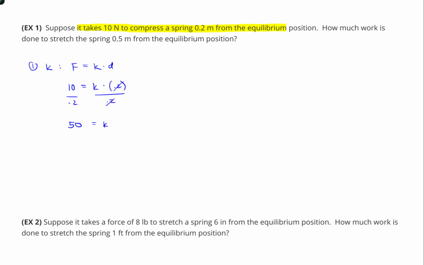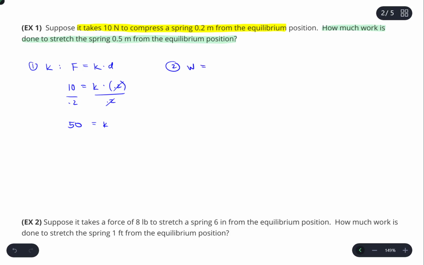Now, the total work done: how much work is done to stretch the spring 0.5 meters from the equilibrium. The total work would be the integral from the starting position to the ending position, so from rest up to 0.5 meters.